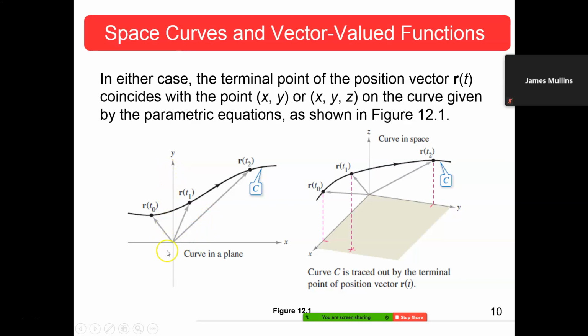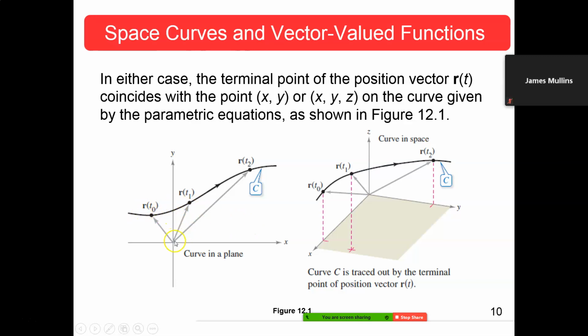Here is a curve in the xy plane. There's no third dimension here, it's just the xy plane. When t is equal to t0, your vector function is f of t0, g of t0. That gives you an x value here, a y value there, and that's somewhere negative on x, positive on y. Sometime later, t equal to t1, you're also in the xy plane.